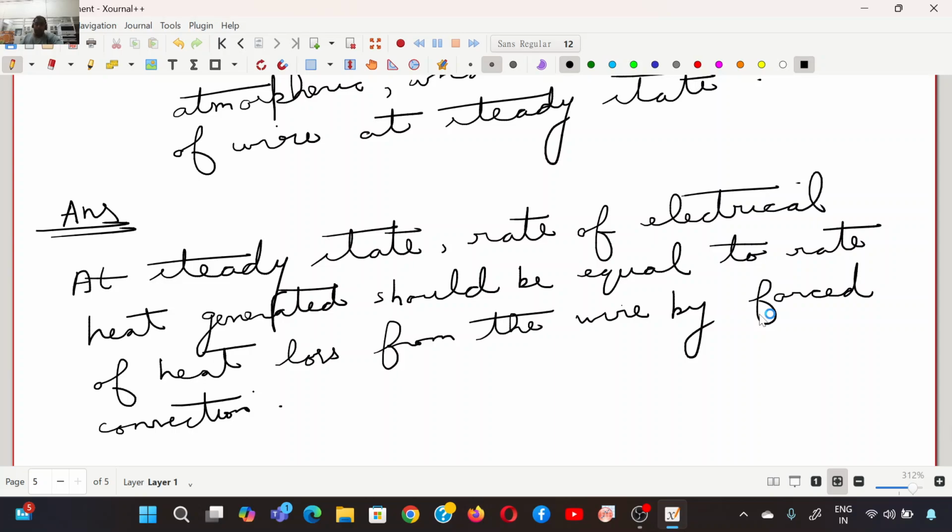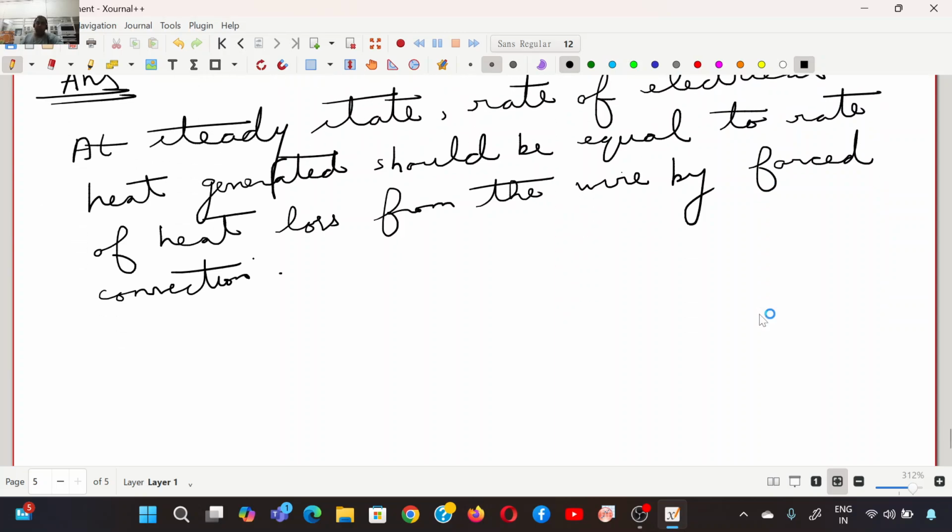Okay. So at steady state, the rate of electrical heat generated should be equal to the rate of heat lost from the wire by forced convection. And the temperature of the wire can be calculated from the heat balance. That's the unknown, right?